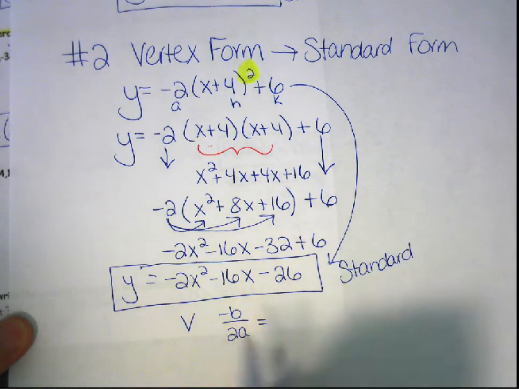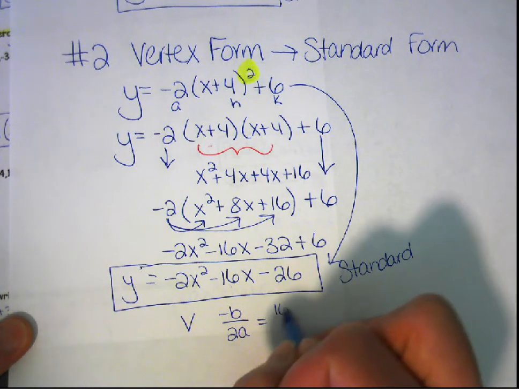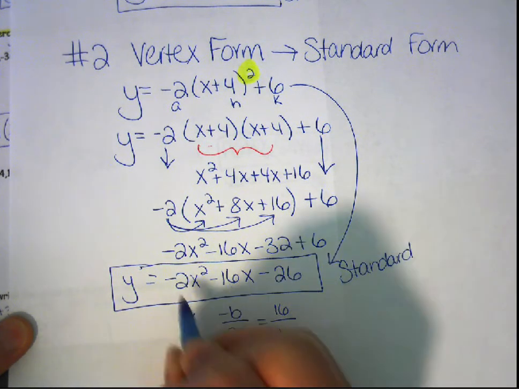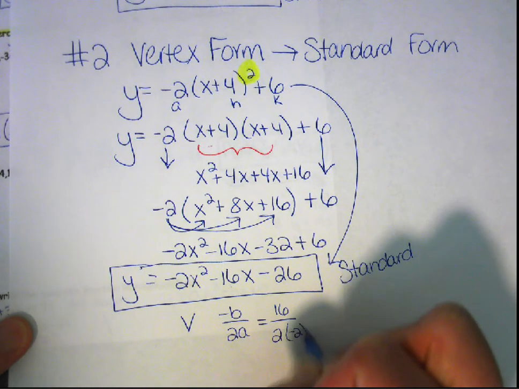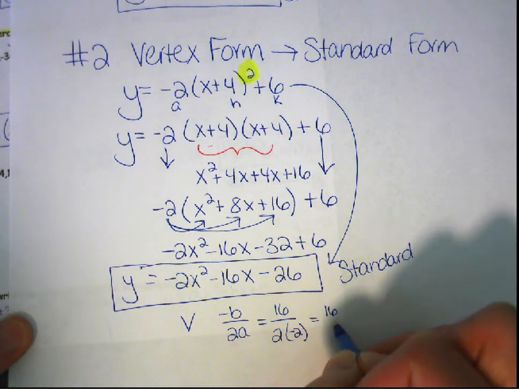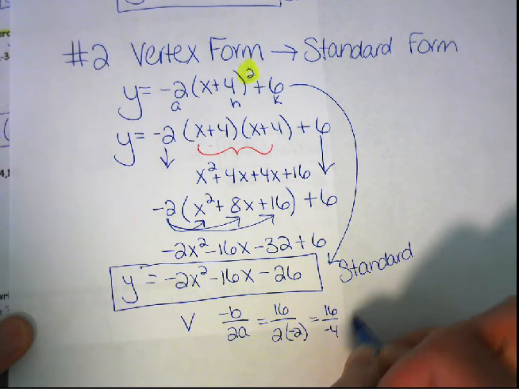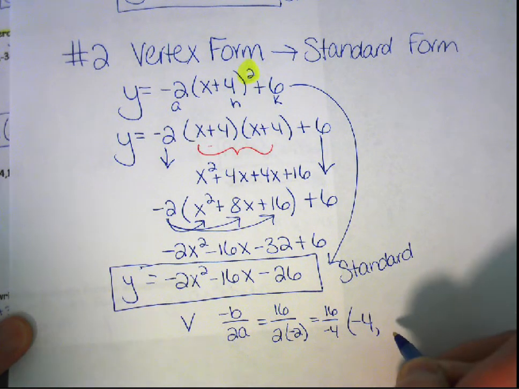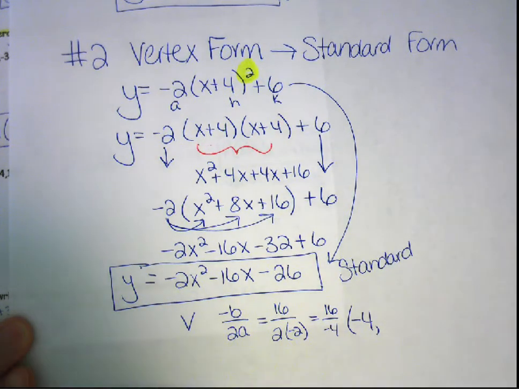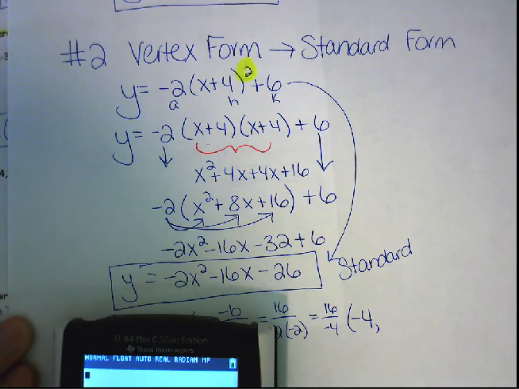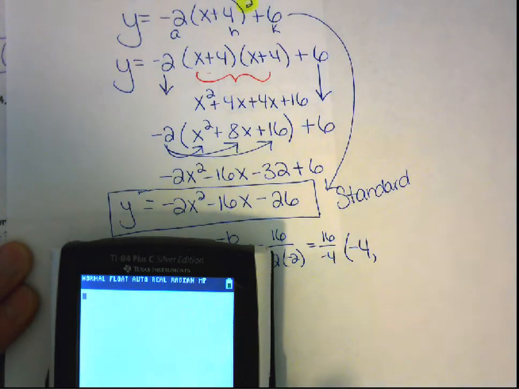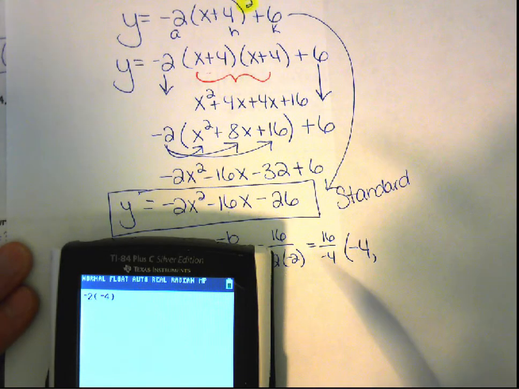So if we do opposite B over 2 times A, that's 16 divided by negative 4, which is negative 4. And if we plug that back in, just typing it back in to this one right here, to my standard to check it.